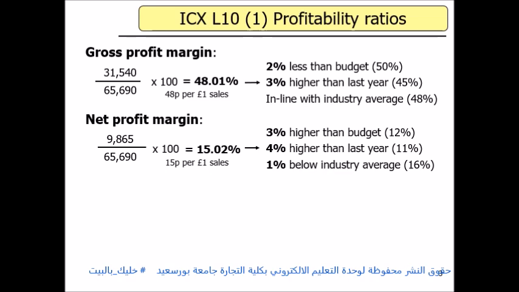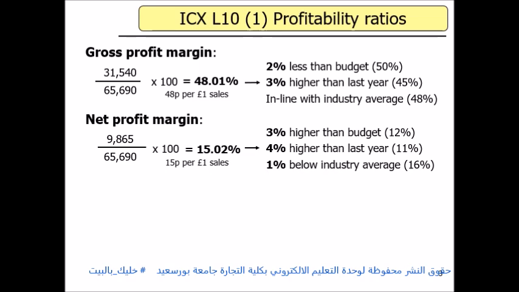And in the previous year, the gross profit was equal to 45%. This year we achieved 48%, which means that we are higher than last year by 3%. And we are equal to the industry, because the industry gross profit was equal to 48% and now we are equal to 48%.